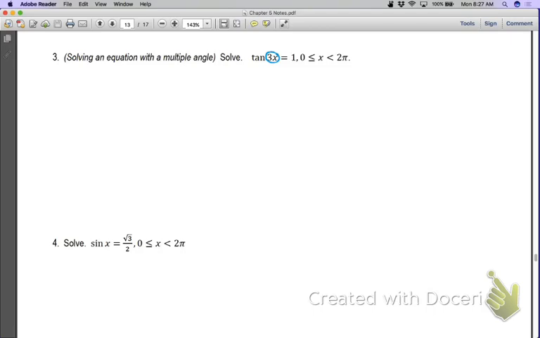So what I would do is make u equal to 3x, so then you can write it as tangent of u equal to 1. What this will do is make it easier for you to figure out when everything is going to be 1, because I have all these different values.